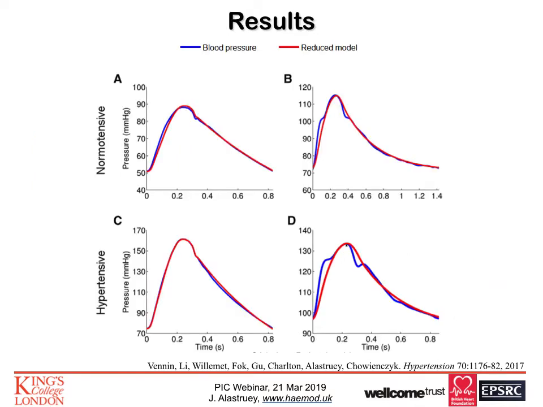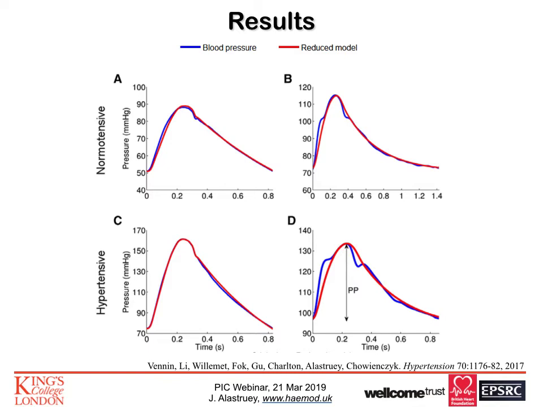Here I'm showing in red estimated central blood pressure wave using the three-element Windkessel model, compared to reference measurements in blue for normotensive subjects at the top and hypertensive subjects at the bottom. Although the model does not accurately reproduce fine details in the pressure waveform, pulse pressure is reproduced accurately.